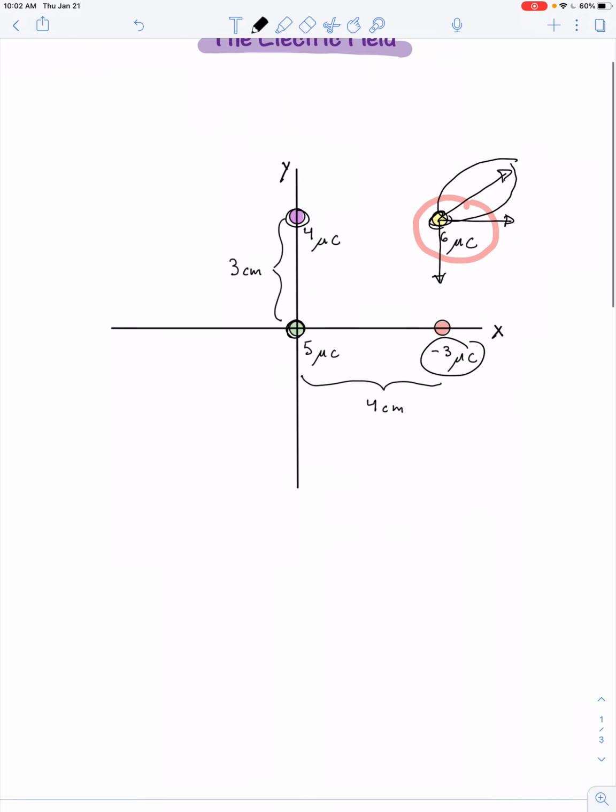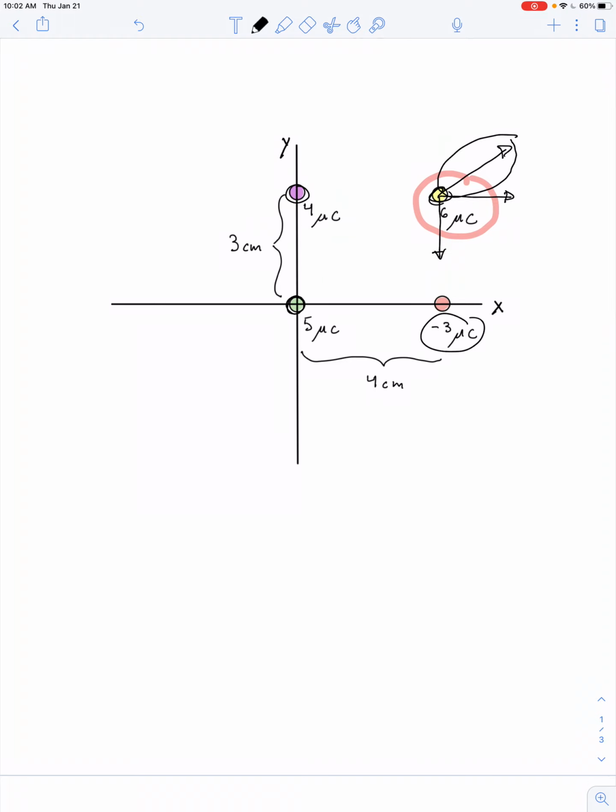Okay, so what we ended up with was the net force as a vector quantity was equal to the force between, I think we called these charges 1, 2, 3, and 4. So the force between charge 1 and charge 4, plus the vector force between charge 2 and charge 4, plus the vector force between charge 3 and charge number 4.